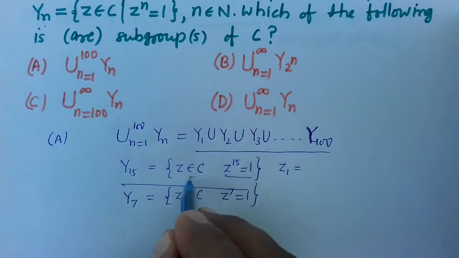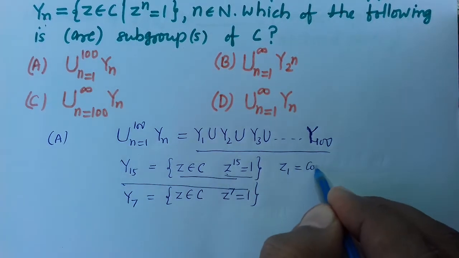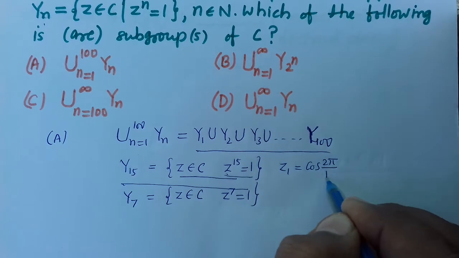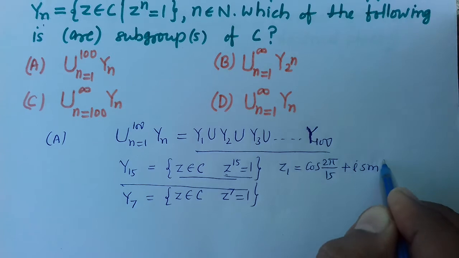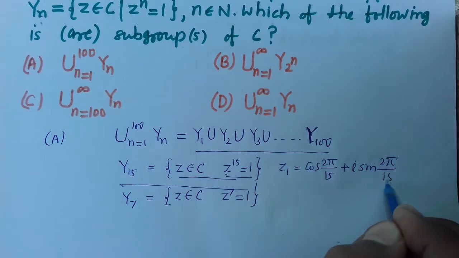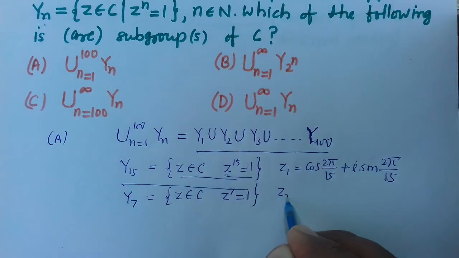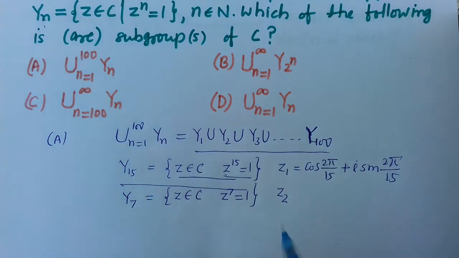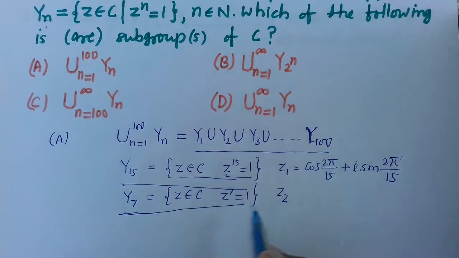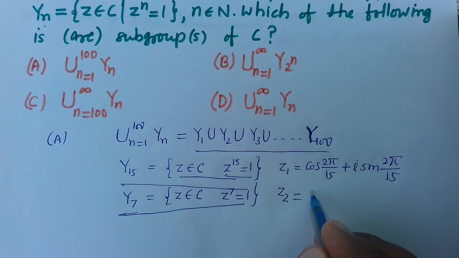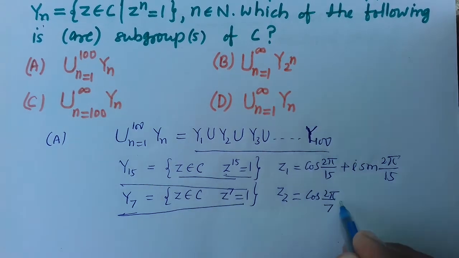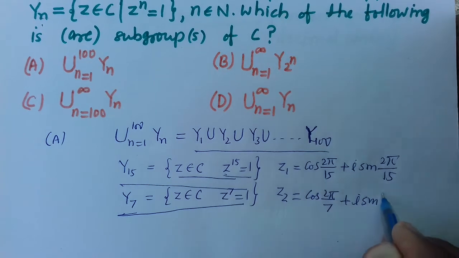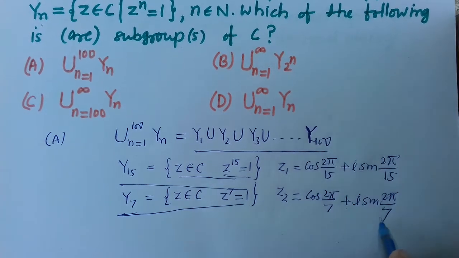Let us take the first root from each. We are taking the first root from this: z1 will be cos 2 pi by 15, because here is 15, plus i sin 2 pi by 15. And z2, we take another element from this: the first one will be cos 2 pi by 7 plus i sin 2 pi by 7.